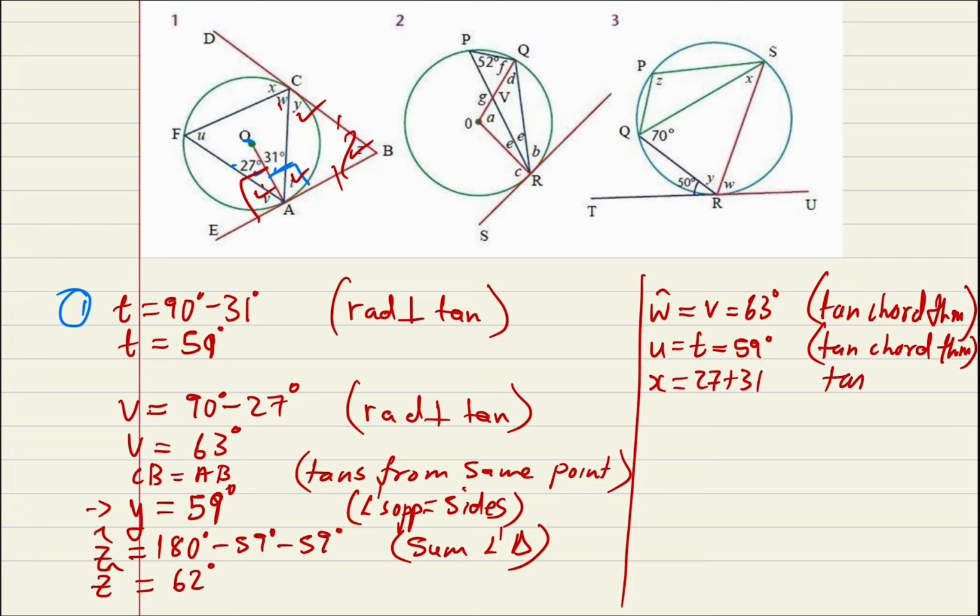That's again the tan chord theorem. So 27 plus 31, you'll get 58. So x is equal to 58 degrees. Okay, so that's what we have done on number one.